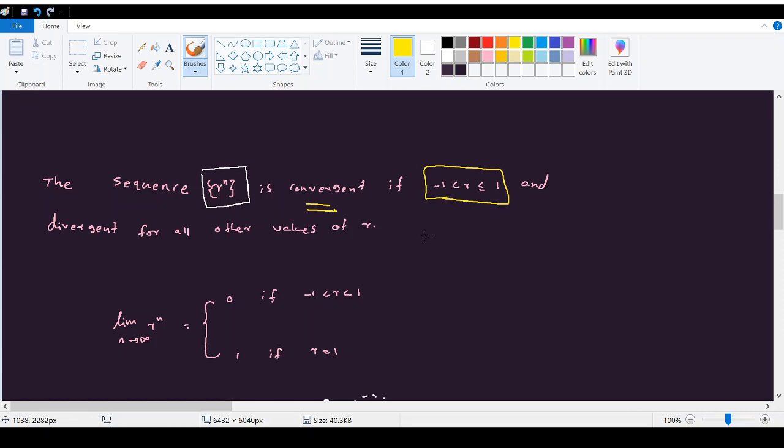Here -1 is excluded and +1 is included. So if this is the number line, for values between 1 and -1, for the -1 you have an open bracket, and for the +1 you have a closed bracket. For all these values the sequence will converge, and for the remaining values it will diverge.